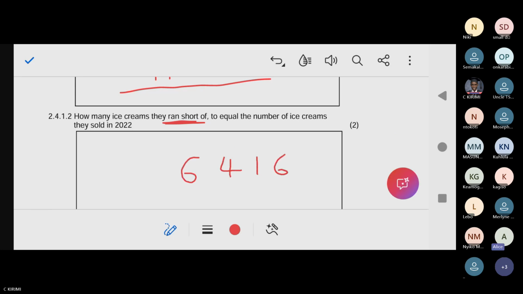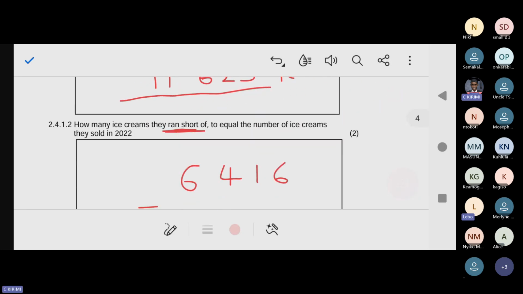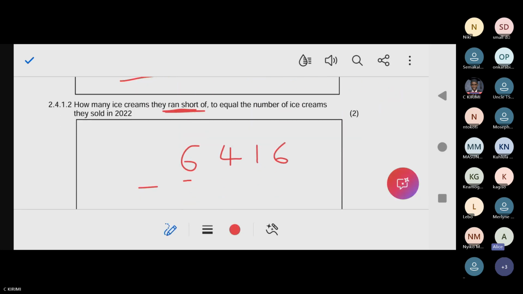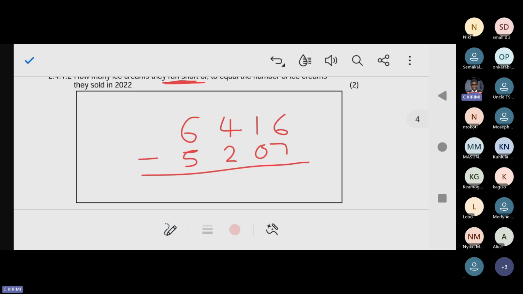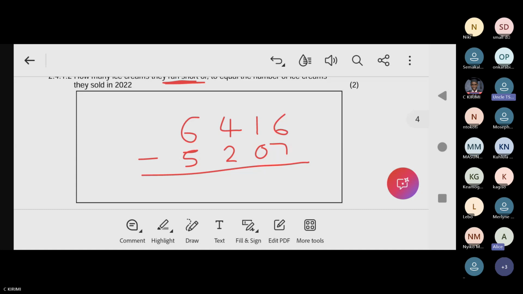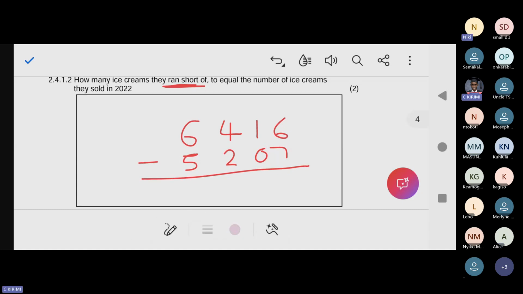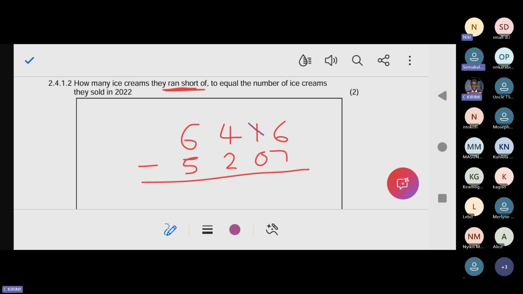6,416. Then subtract 5,207. Then we subtract. Can 6 subtract 7? No. So we borrow from there. The 1 becomes a 0.